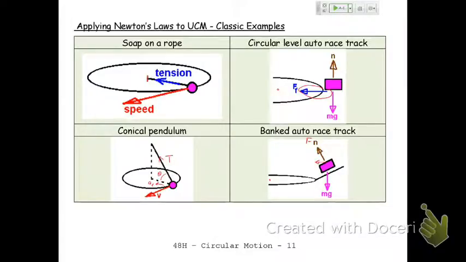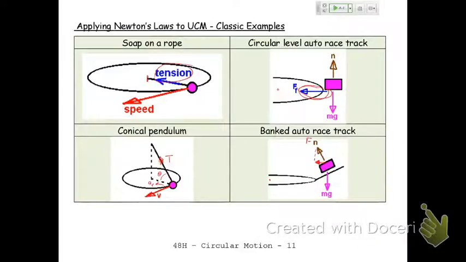And so you have to take the component of the force that's in line with that if the force itself is not in line with that. So the tension is in line with it and the friction is in line with it. But in this case, you've got to take the component of the tension that's horizontal, and in this case, the component of the normal force that's horizontal. But in every case, the approach is the same.